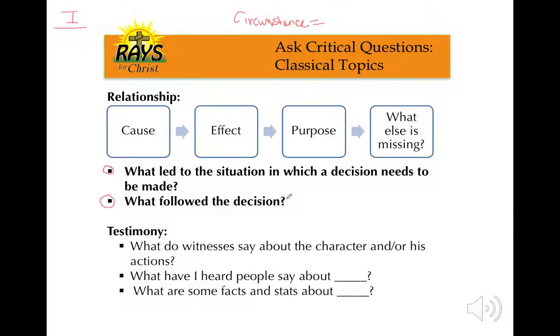Now, this could go in all different kinds of directions in The Tell-Tale Heart. We could look specifically at our narrator and his situation and the decision he made in murdering this old man. We could also look at the situation which led to a decision by the old man to entrust this narrator to live with him. Is he a friend? Is he renting?